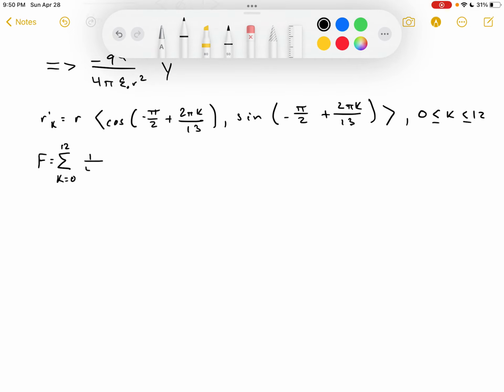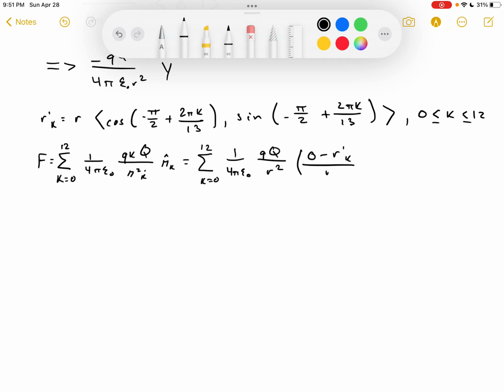So it'd be 1 over 4 pi epsilon naught, small q, k, big Q. That would then equal 1 over 4 pi epsilon naught r squared, sum of 0 minus the position vector over r, which simplifies to small q times big Q over 4 pi epsilon naught r cubed, sum from 0 to 12 of negative r_k.